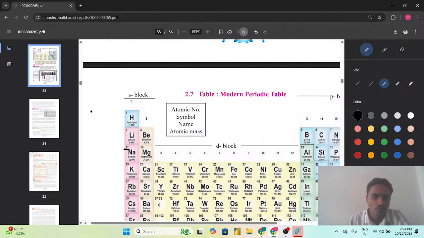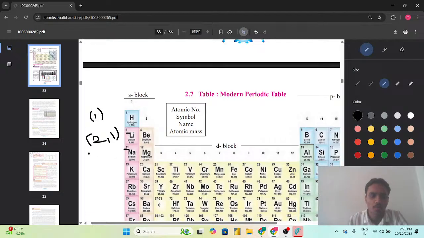If we write down the configuration for hydrogen, hydrogen has only atomic number 1, so the electronic configuration is 1. For lithium, it will be 2, 1, that is 3, as lithium has atomic number 3.